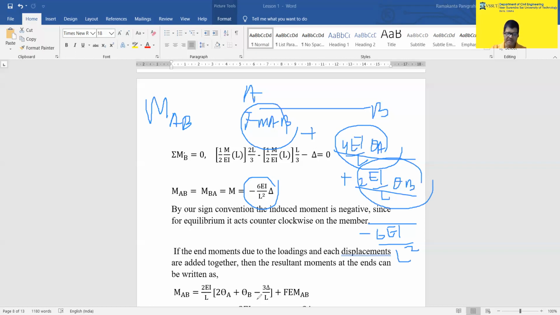If you combine all these things, taking 2EI/L outside: 2EI/L times (2 theta A plus theta B minus 3 delta by L), plus the fixed end moment at AB. So this is the slope deflection equation of the resultant moments that we are finding out.